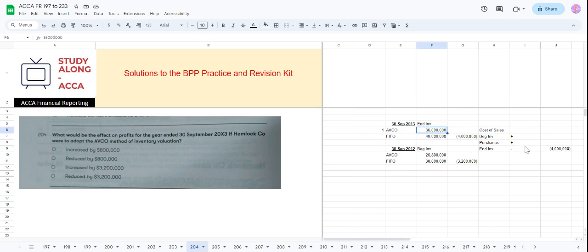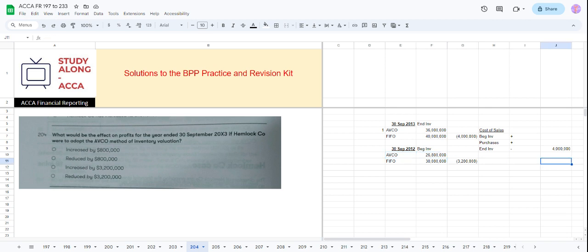So there will be an add back of 4 million in the cost of sales, because we are now deducting a lesser amount. Likewise, for beginning inventory, we added 30 million. However, we should have added 26.8 million only on the average cost.